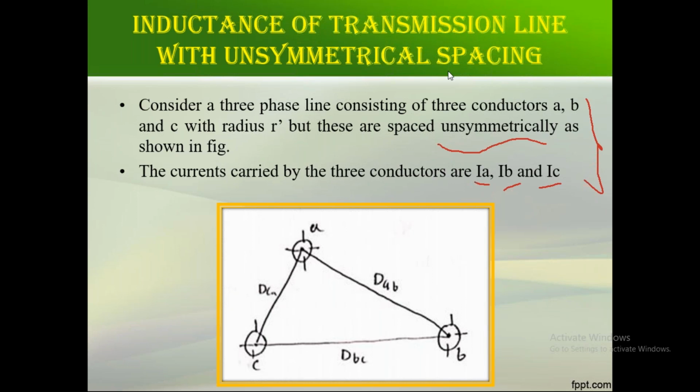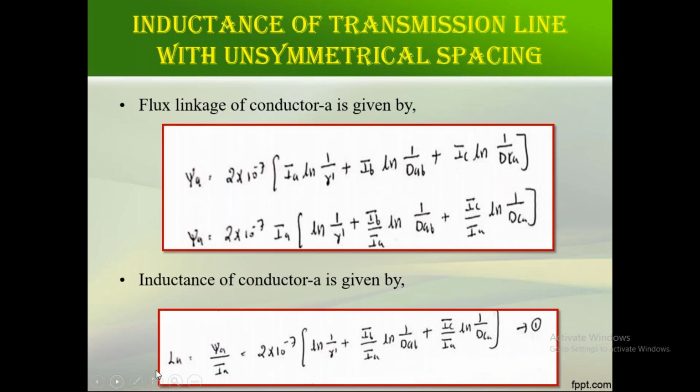Now same thing, we are going to find the inductance of conductor A with respect to B and C. Let me see how it will happen. But here we can't use the equation IA plus IB plus IC equals zero. Why? What is the reason? In this case we can't use this equation.